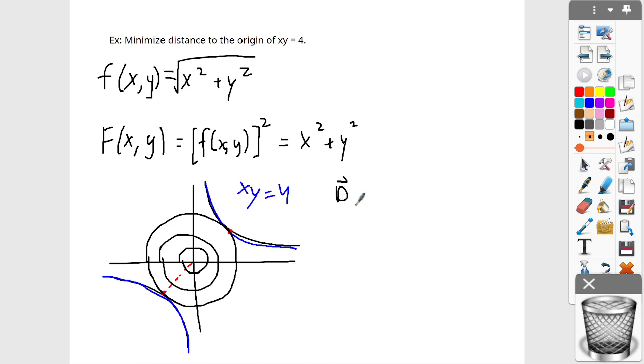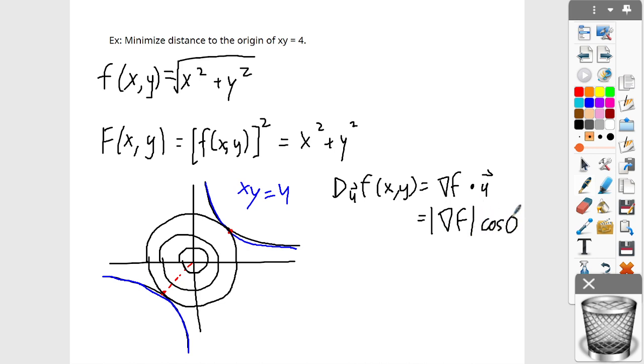If you remember the directional derivative formula, D_u f(x,y) is equal to the gradient of f dotted with the unit vector, which is equal to the magnitude of the gradient of f times the cosine of the angle between the gradient and the unit vector.